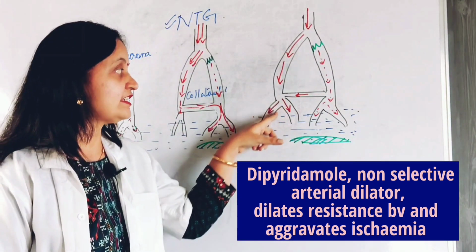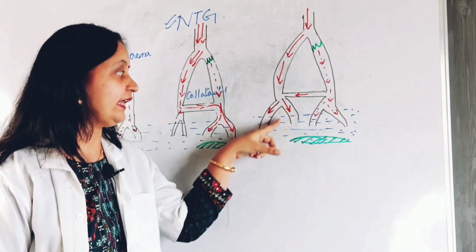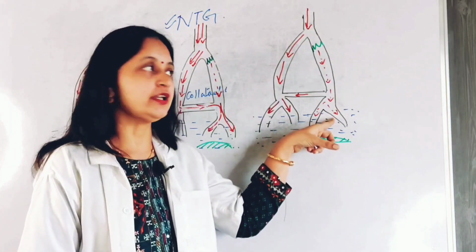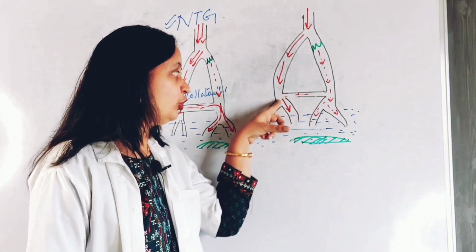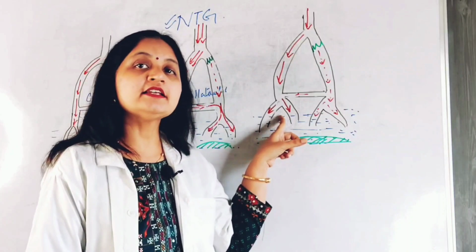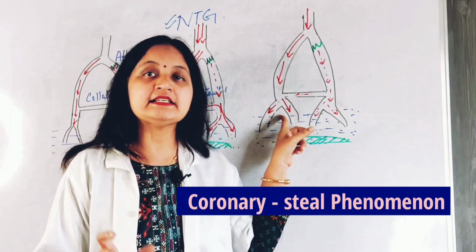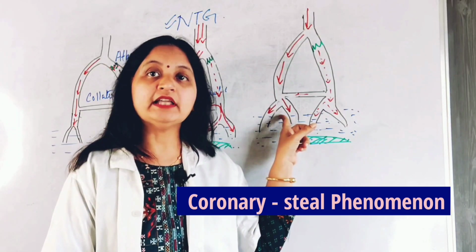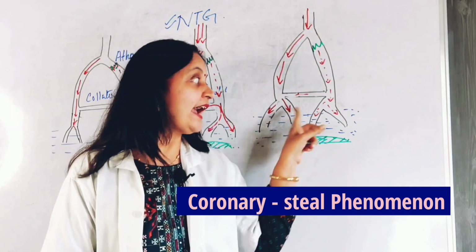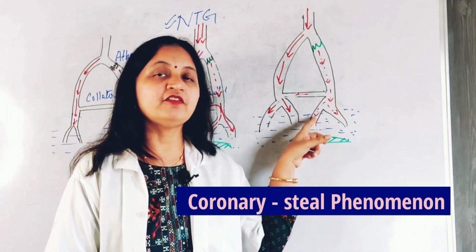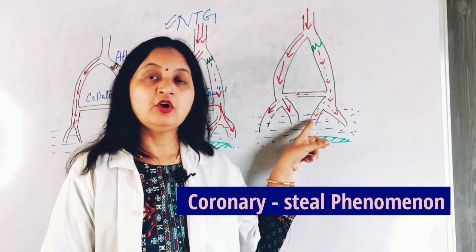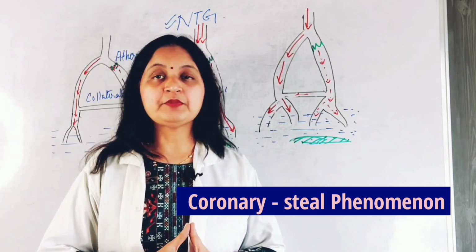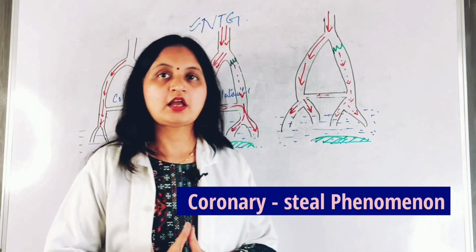So when the resistance blood vessels are dilated in the healthy tissue, the blood flow from the ischemic region gets diverted to the healthy tissue, and this is known as coronary steal phenomenon. So coronary steal phenomenon is seen with dipyridamole. This further aggravates ischemia, this further aggravates hypoxia, which is why dipyridamole is not used in the treatment of angina.